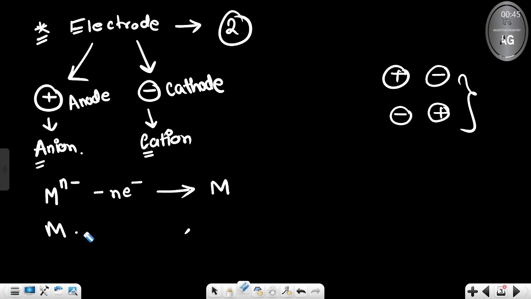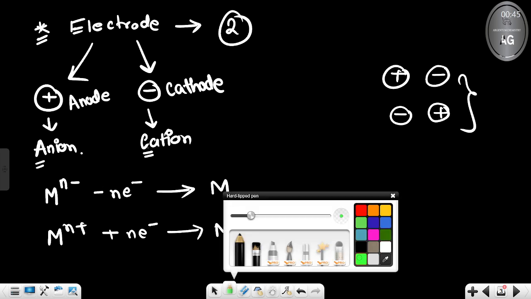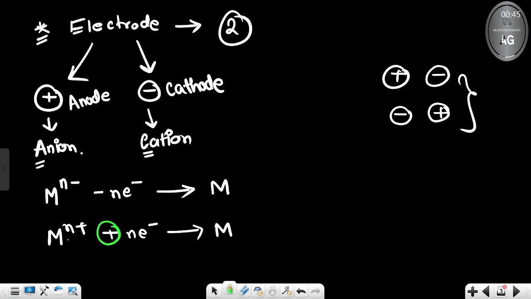Right? Now if it is a cation, then what will happen? Suppose the cation is M n plus. Then this will take up some number of electrons, n number of electrons, and then it will form a metal. Now as you have read in the class 11 redox reaction chapter, if electrons are being gained, this is a gain of electrons, so I will call this reduction, right?